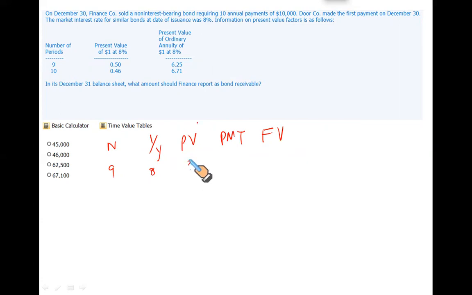Present value, we want to show it on the balance sheet because we are investors, so we need to show the value of the bond right now. And there are going to be payments of 10,000 each, and there is no face value in the future because the bond pays 10,000 every year and there is no final principal on redemption. So these are the inputs.